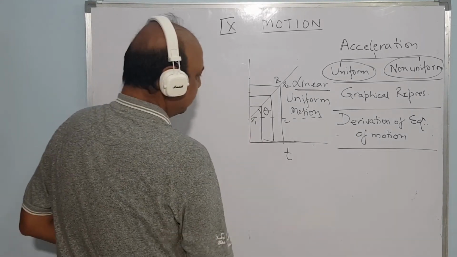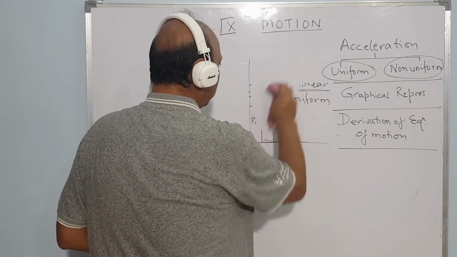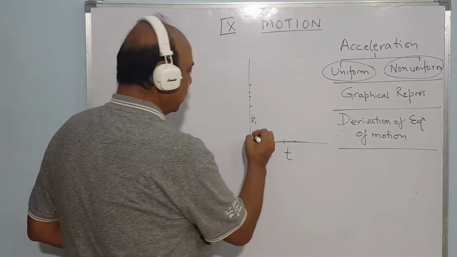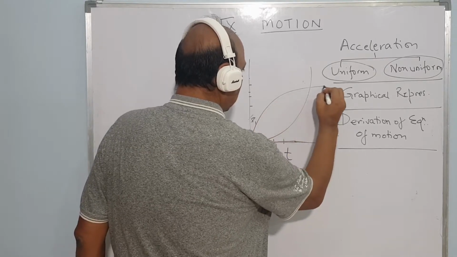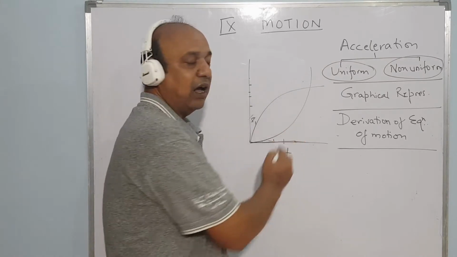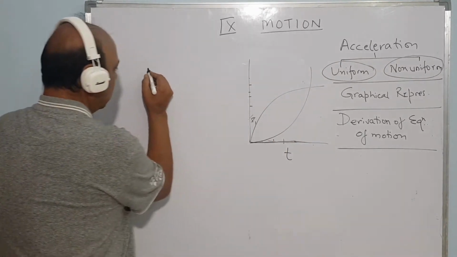Okay, we have seen a linear graph, but the graph can be a curved graph also. It can be like this, like this. Now, these graphs indicate that it is a non-uniform motion.